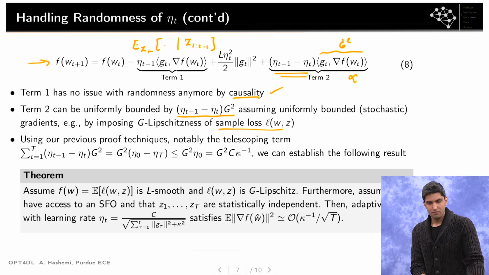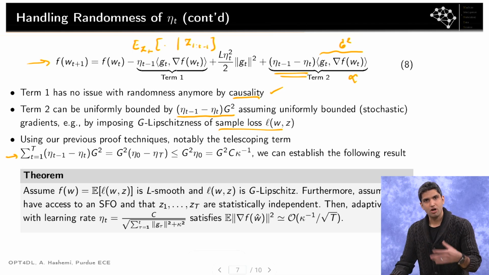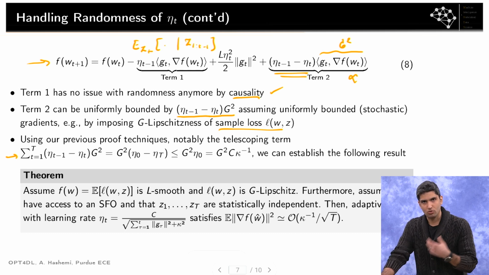All right, so then I would say we are basically done, because these two terms are the terms that were relatively new compared to the typical analysis of SGD, but we can actually handle both of them. For instance, the second term can be handled quite easily by noticing that after taking the sum and talking about the accumulated error or the average error, this is going to be a telescoping sum.